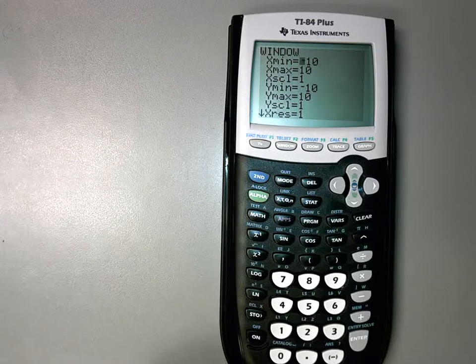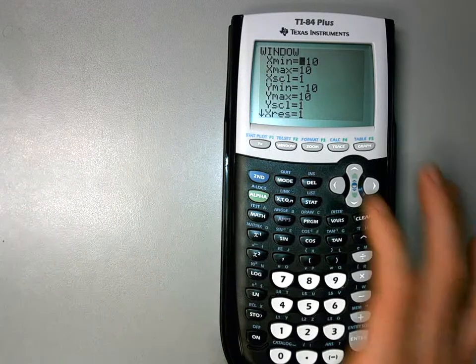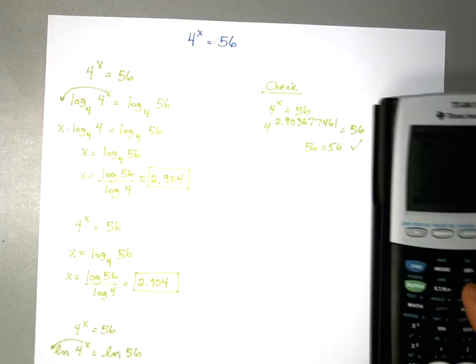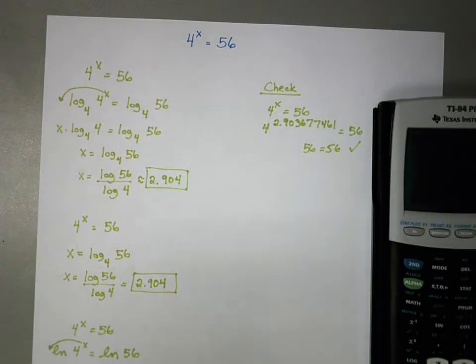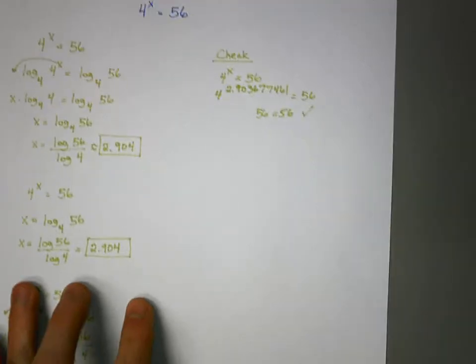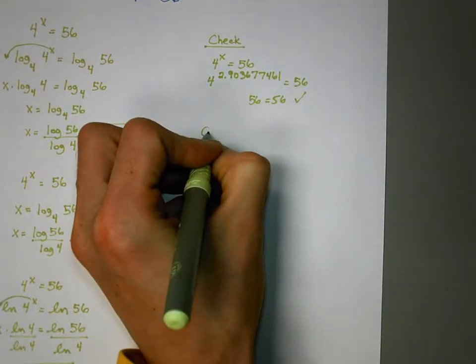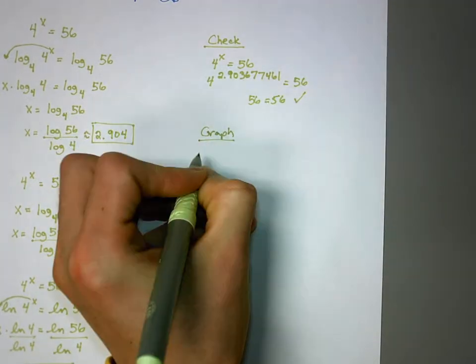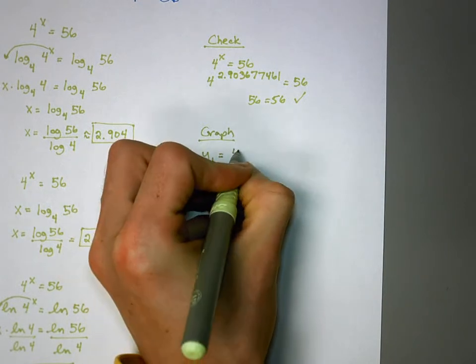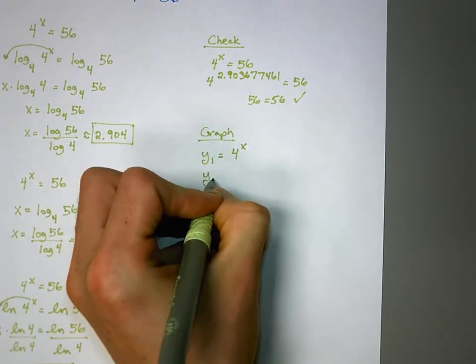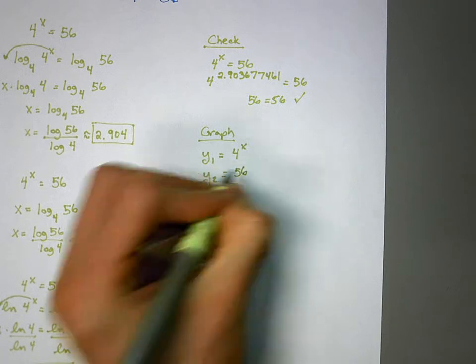So what we need to do is be a little smart in how we set up our window here. If I go back to my original problem, I know that in my graph, I set y1 equaling 4 to the x and y2 equaling 56.